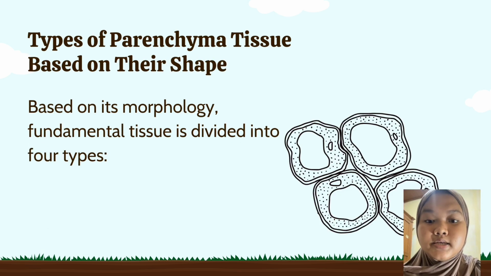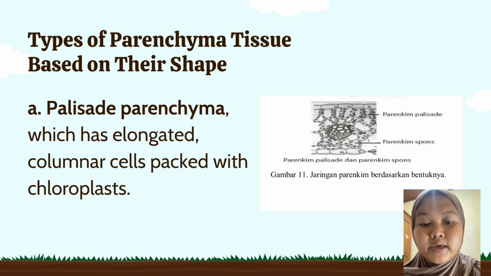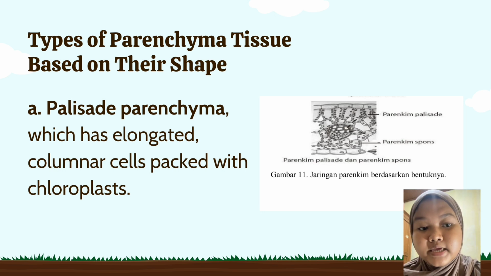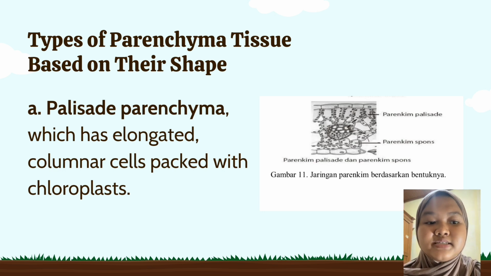Okay, the next is the types of parenchyma tissues based on shape. Based on its morphology, fundamental tissue is divided into 4 types. First is palisade parenchyma, which has elongated columnar cells packed with chloroplasts.